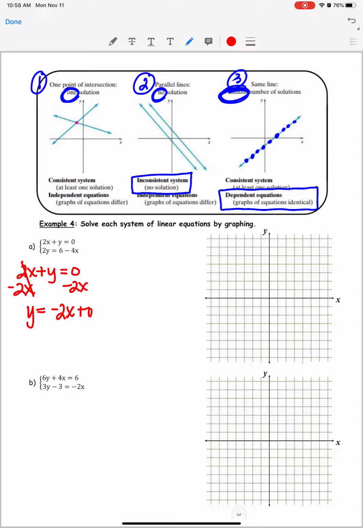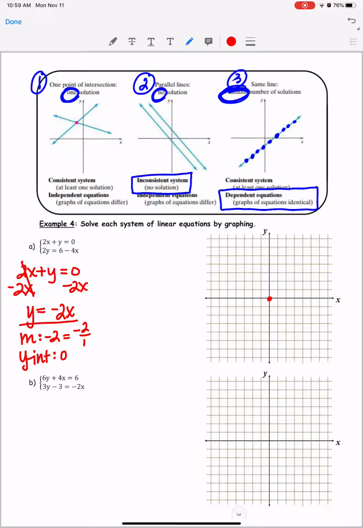If you want to put a plus 0 here, you can, but it's not necessary. Now my slope is negative 2, which is the same as negative 2 over 1, and my y-intercept is at 0 since we don't have anything there.